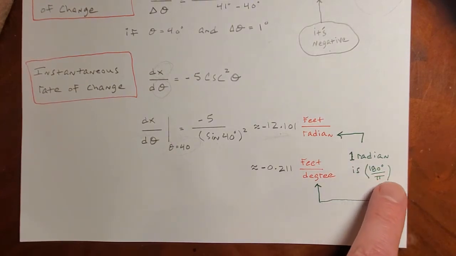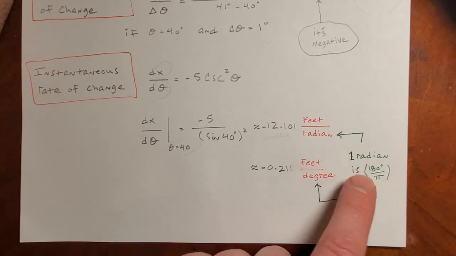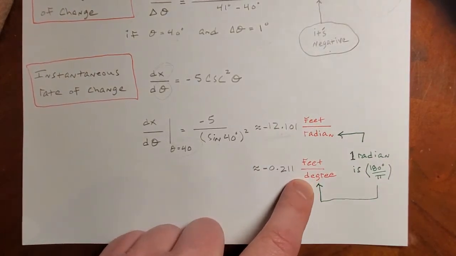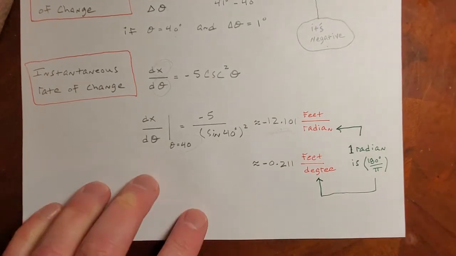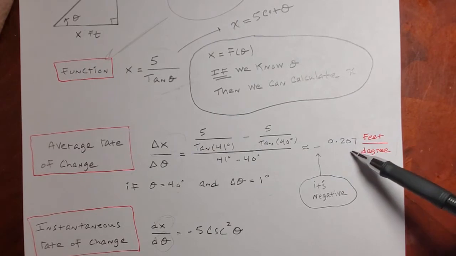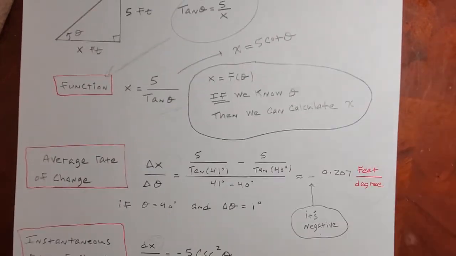If you divide 180 by pi, it's about 57. What is a radian angle? It's a 57 degree angle. So by that conversion factor, I can convert this number, which is in feet per radian, to that one, which is in feet per degree. What is it? Negative 0.211 feet per degree. Same thing? No, not exactly the same, but close. They're approximately equal to each other.